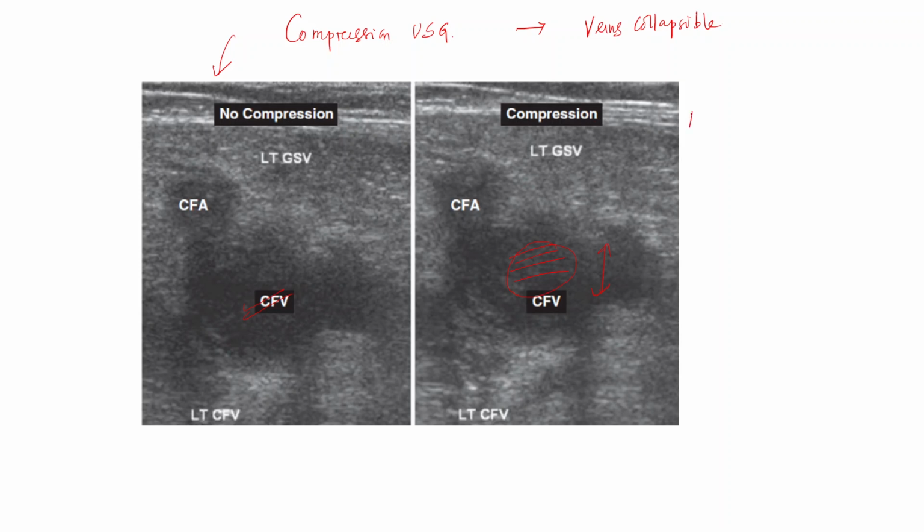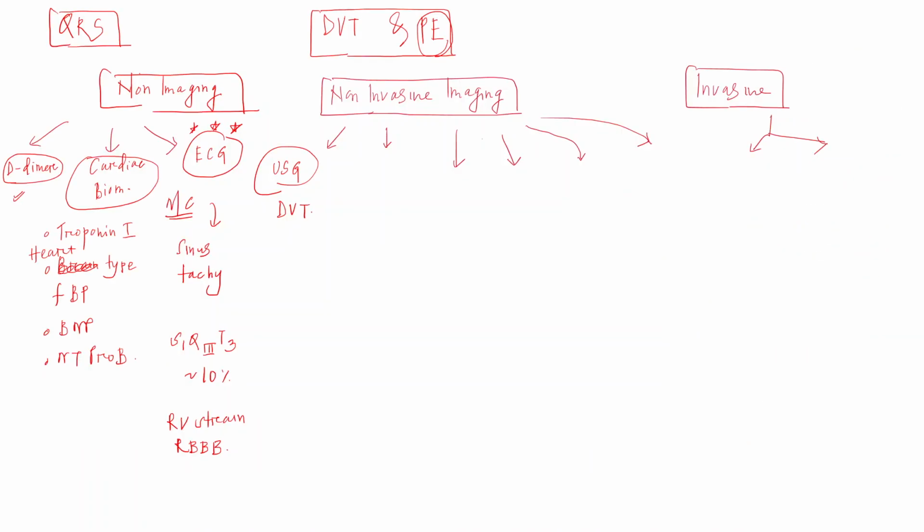That is a feature of DVT. Sometimes you may get equivocal finding in ultrasound. In those cases, you can go for MR venography. It is done only in cases of inconclusive USGs.